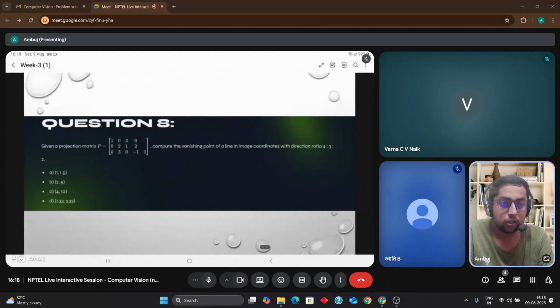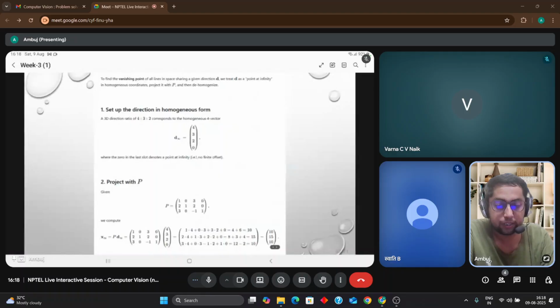In all the questions, the projective matrix P is given to you except one question: compute the vanishing point of a line in image coordinates with direction ratio 4, 3, 2. You set up the direction in homogeneous form.